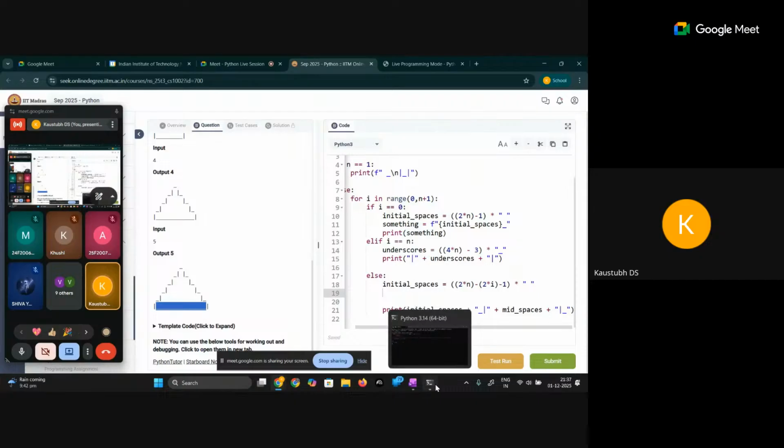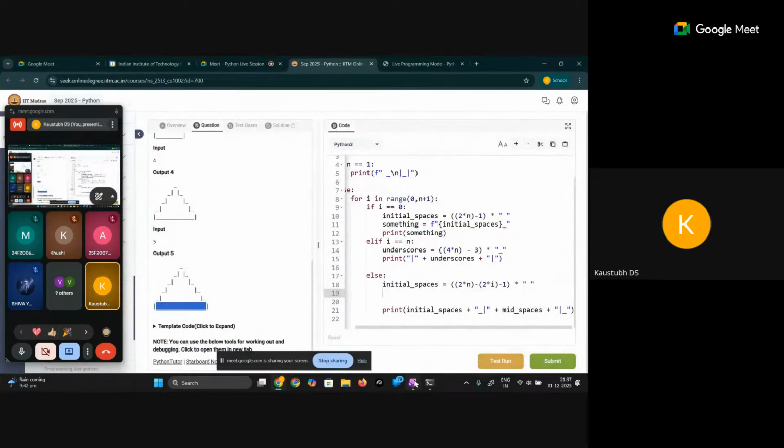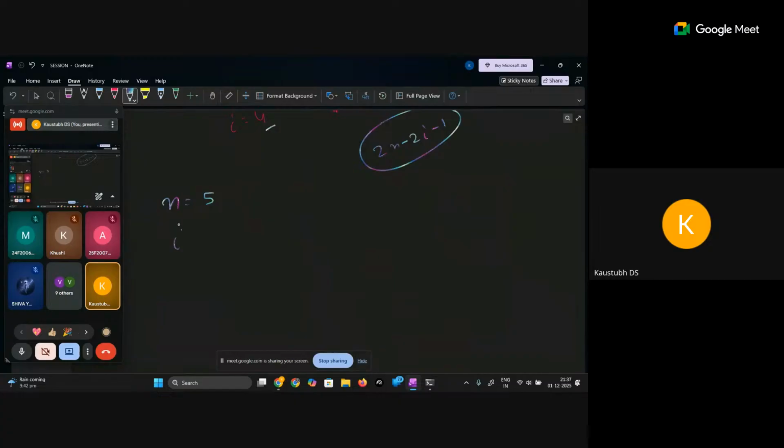So now if we take again the example with 5 as n, for n equals 5 at I equals 1, we have 1 space. At I equals 2, we have 5 spaces.